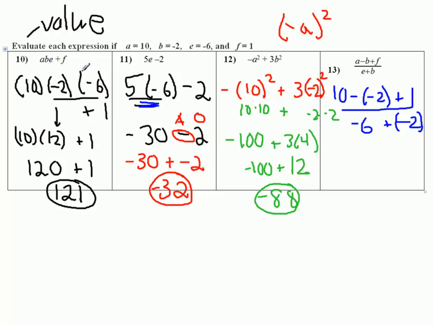So, I'm going to change my pen color so you can see what I'm doing now. Specifically with this one, again, I'm going to add the opposite. So that is 10 plus +2 plus +1. Oh, that makes the numerator pretty easy.